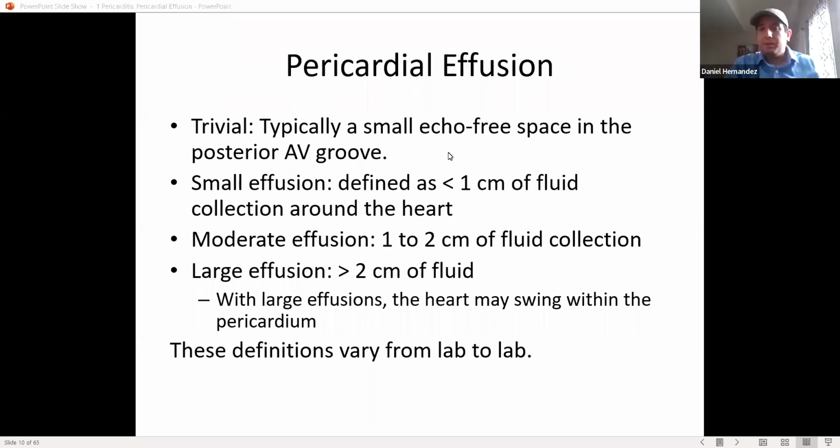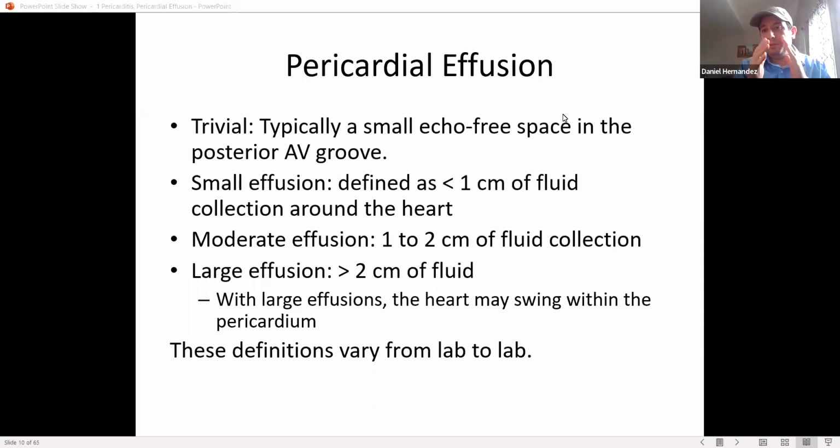So we're going to measure during the cardiac cycle where the fluid collection is the smallest. If you think about your natural cardiac cycle, systole and then diastole.